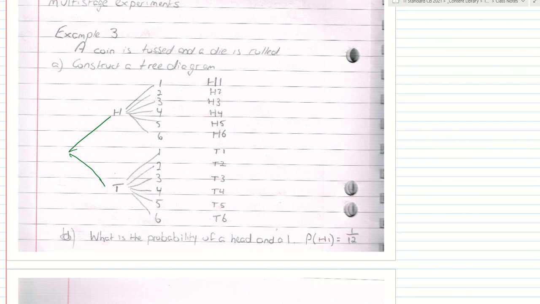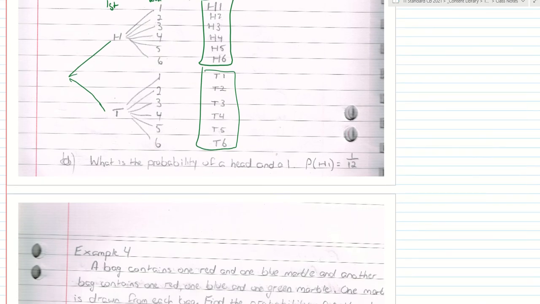So first we've got our coin tossed, head, tail. Second, we're rolling a dice where we've got a possibility of rolling a 1 to a 6. So we construct our tree as per first branch, H, T, and then for each of the heads, we've got 6 branches going to our numbers. We list our sample space, H1, 2, 3, 4, 5, 6, and T1, 2, 3, 4, 5, 6.